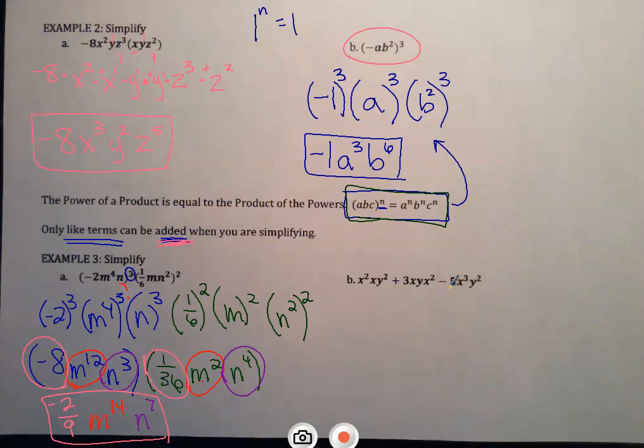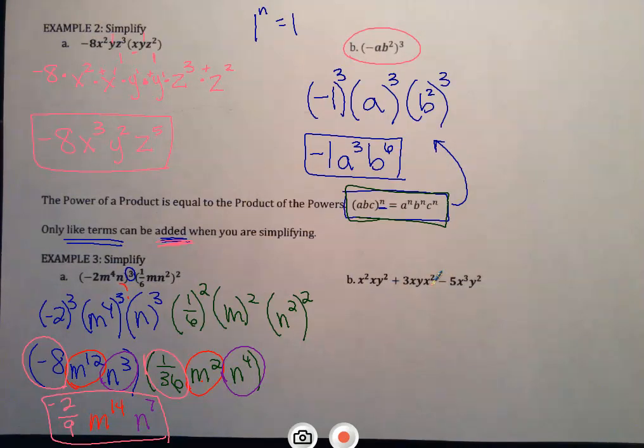You could combine your x's, your x to the seconds, those two. You can do that in multiplication. You cannot do that in addition. Like, you mean this x squared with this x squared? Yeah. No, not in addition. They have to be alike. They have to be exactly identical.